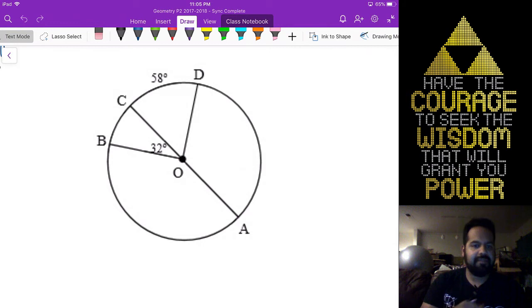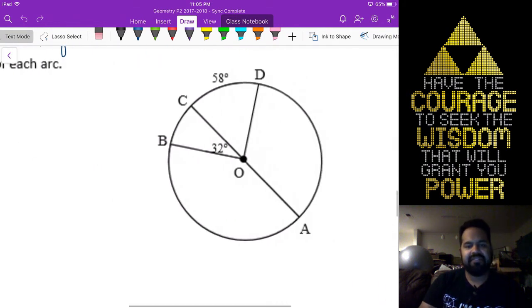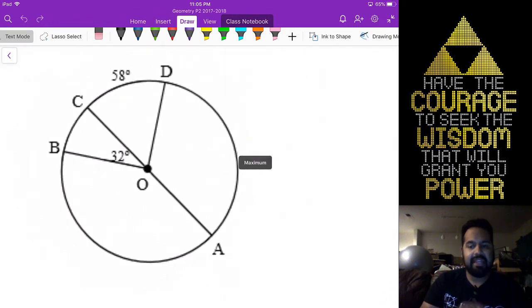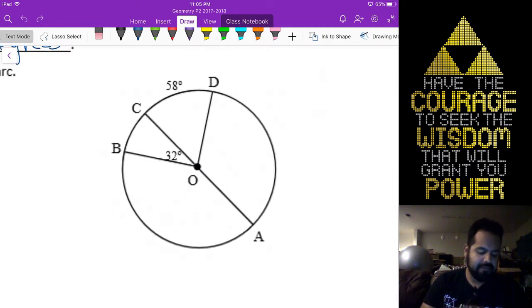Something I like to do before I even look at these questions, I like to label what I do know about the picture. So right now, these 32 degrees can be written right here. The central angle is congruent to the arc measure. So right here is BC. And likewise, I could also say CD is 58 degrees down here.